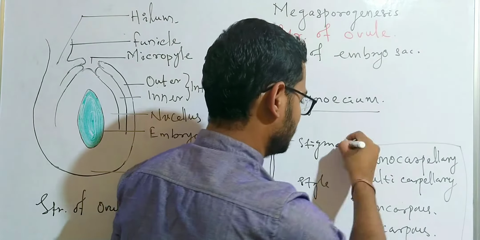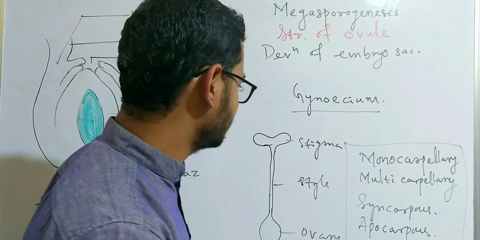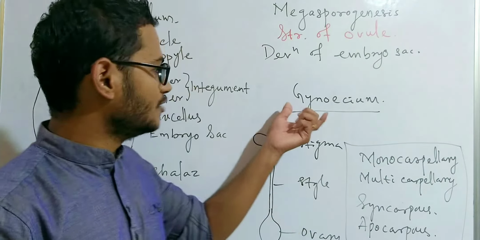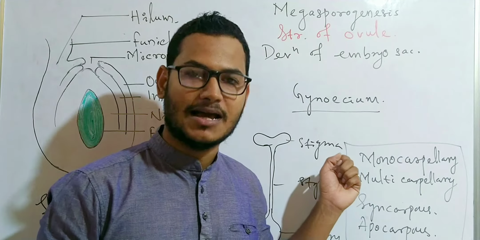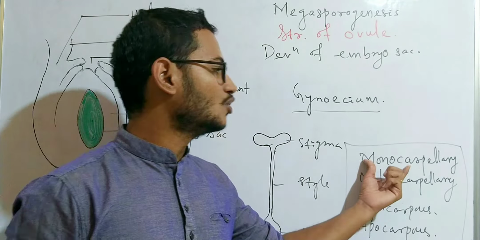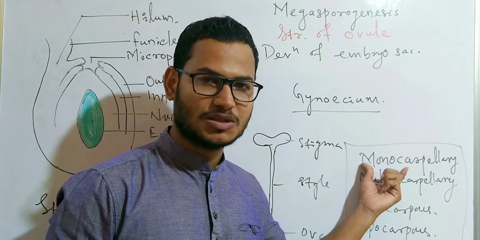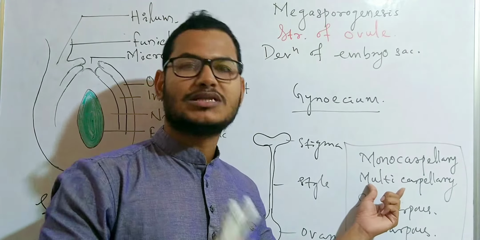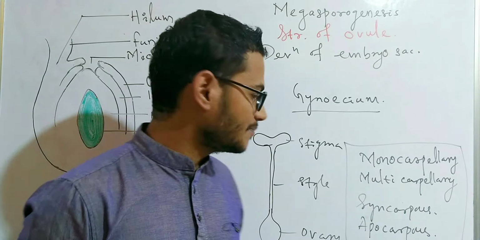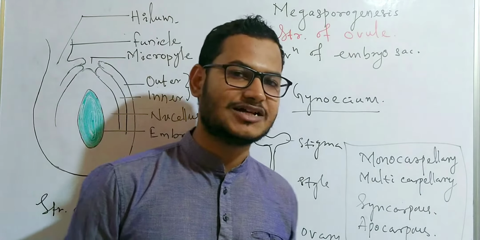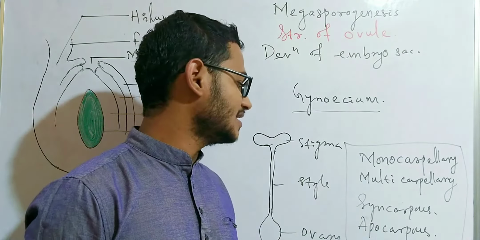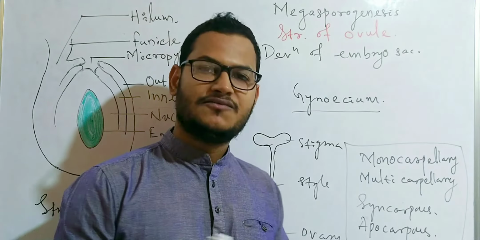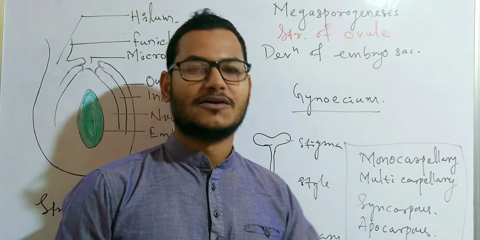So we know these important terms: the pistil, which makes the gynoecium, the female reproductive part of an angiospermic plant; monocarpellary, when the pistil is single; multicarpellary, when more than one pistil is present; syncarpous, when they are fused together to form a single structure; and apocarpous, when they are free.